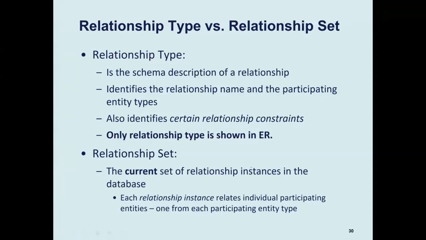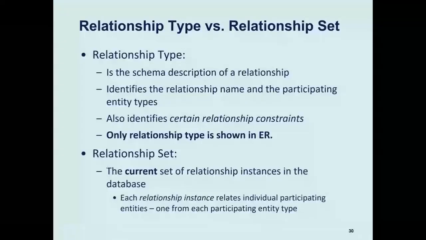Okay, what is a relationship set? It is the current set of relationship instances in the database. A relationship instance basically describes a concrete relationship between individual entities. So one relationship instance connects two entities, one from each participating entity type.